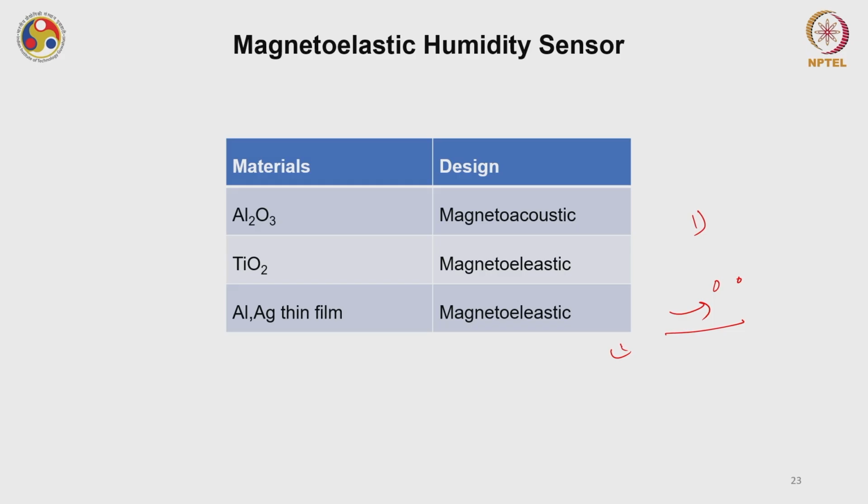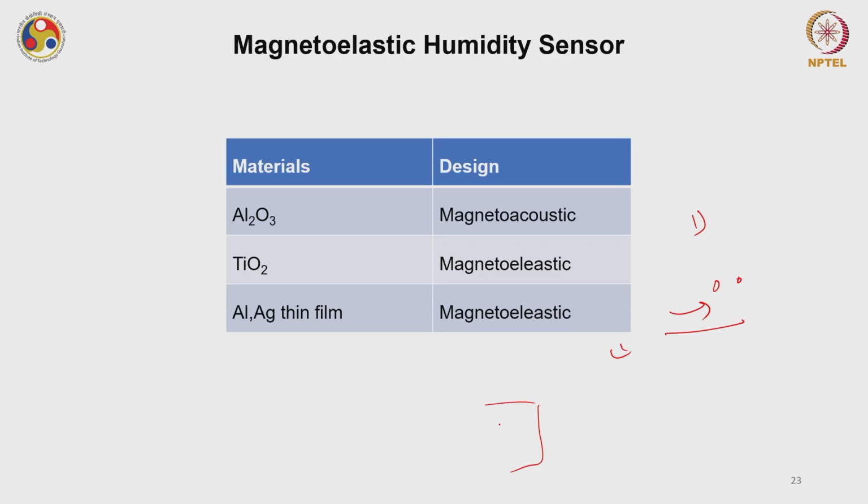What we have seen today is basically based on change in mass, particularly the gravimetric sensor, which has two components. One is QCM based devices and another is SAW based devices. In the SAW based device, what we have seen is there are interdigitated electrodes, very similar to the gas sensor IDEs that I have given as an example. So one IDE acts as a sound propagating element, and another acts as a receiver.